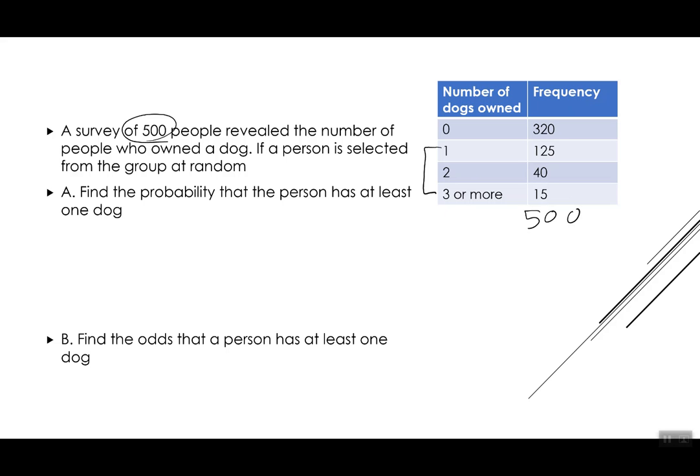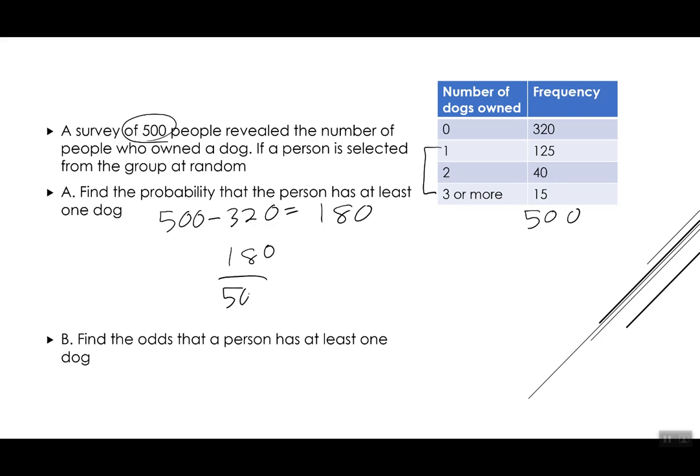So 320 people have no dogs. That means the rest, 500 minus 320, which is 180, have at least one dog. That's the same as adding the 125, 40, and 15, just going a different way.